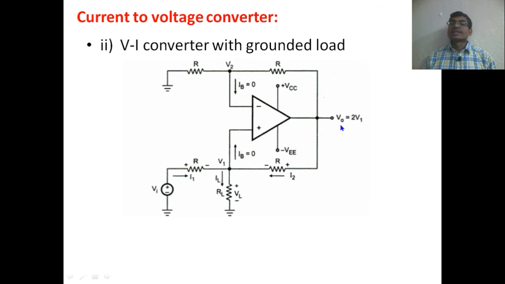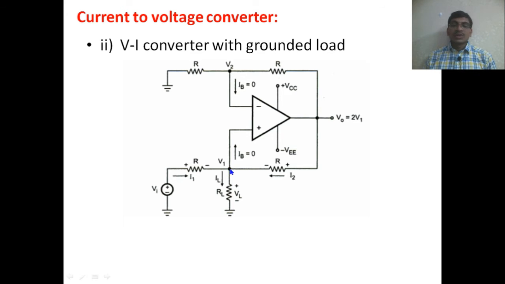Therefore the gain becomes 2, because 1 plus RF by R1 is the gain equation for a non-inverting amplifier. Here RF and R1 are both the same, R by R becomes 1, 1 plus 1 is equal to 2, into the input voltage V1. Here V1 is the voltage at this node.